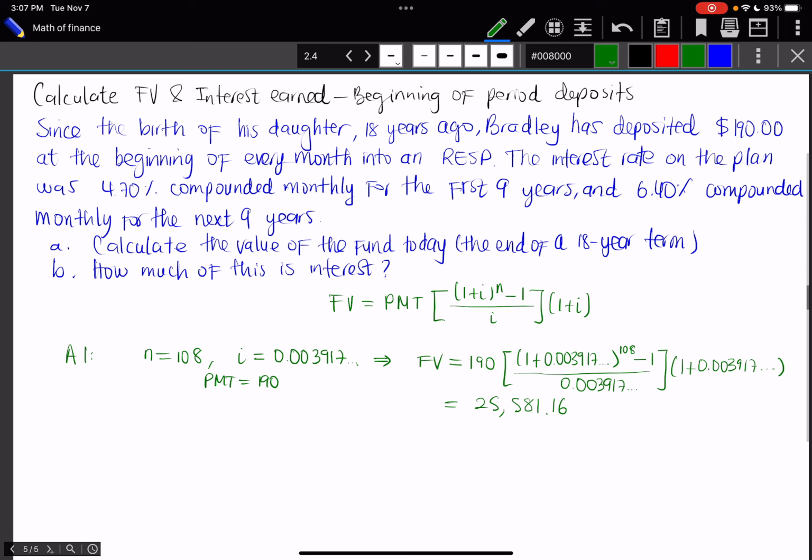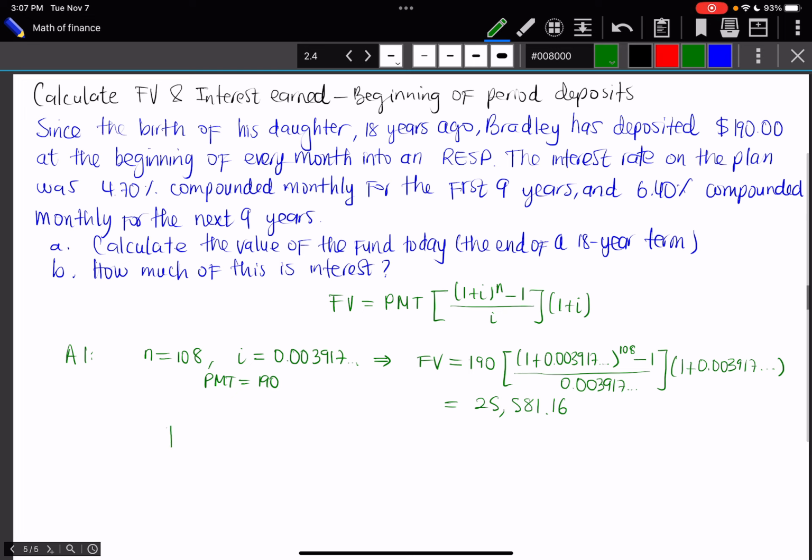But we would like to find the future value of this accumulated value at the end of the 18-year period. Therefore, we need to find the future value of those $25,581.16 in the second part of the term using the interest rate of 6.40% compounded monthly.